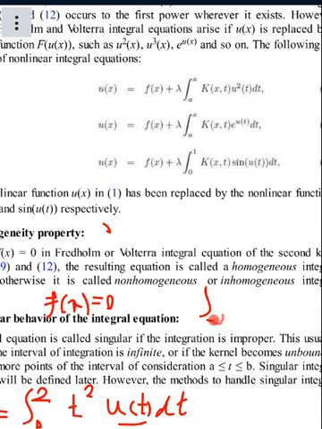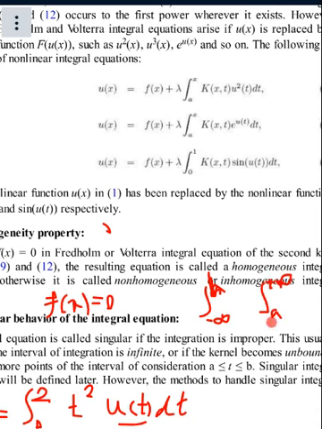Here you have negative infinity. Here you have, for example, a fixed number a. Or I put b because it's more suitable to the upper bound. Or you have the integral from a to positive infinity.